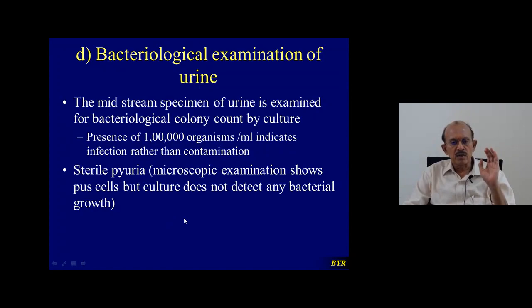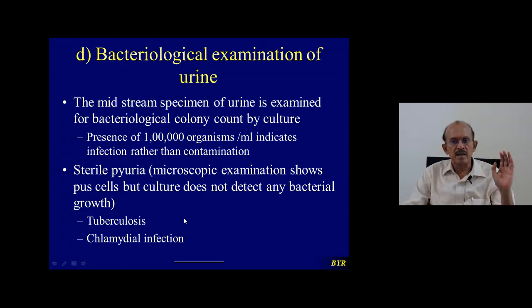So what are the causes for this? The causes are tuberculosis and chlamydial infection. In these two conditions, the ordinary bacterial culture will be sterile. But if you subject this urine for tuberculous bacteria culture, tuberculous bacteria can't be grown in ordinary nutrient media. It has to be grown in a special media.